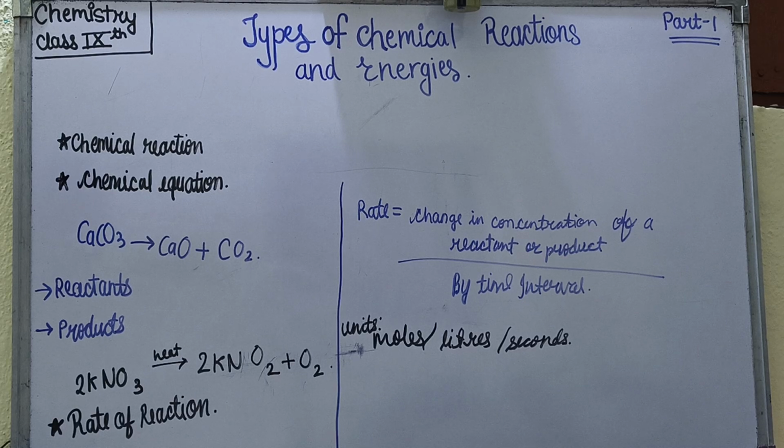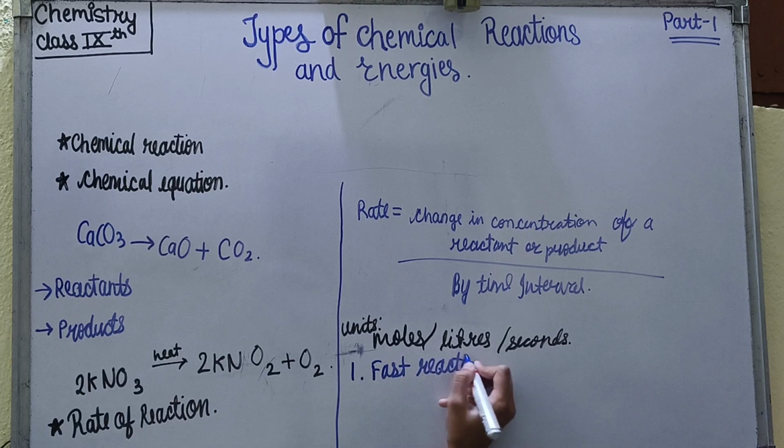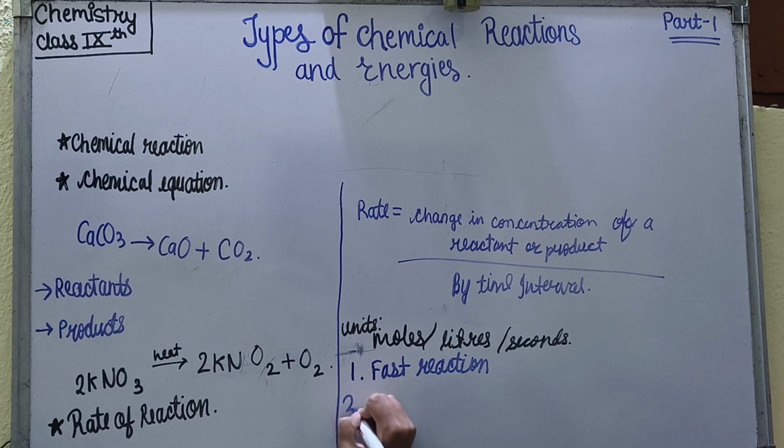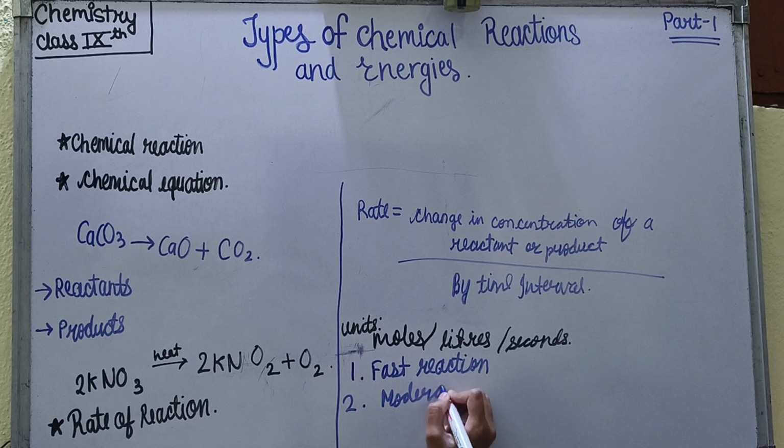So we learned the three types. First was fast reaction, second was moderate reaction, and third was slow reaction.